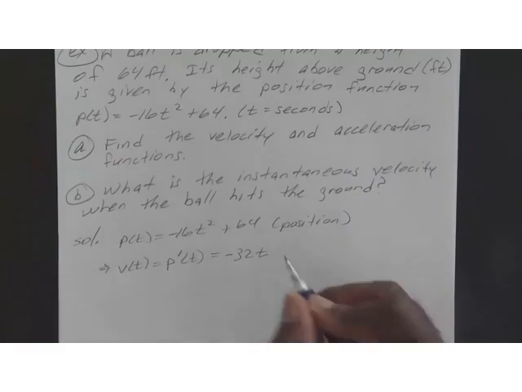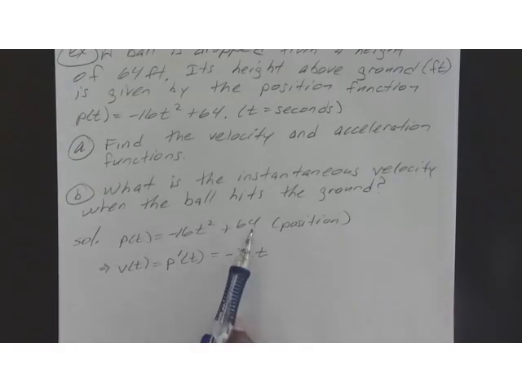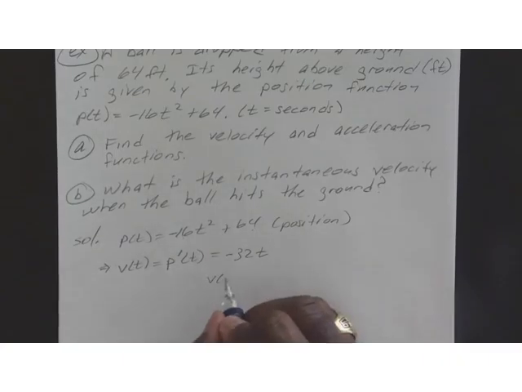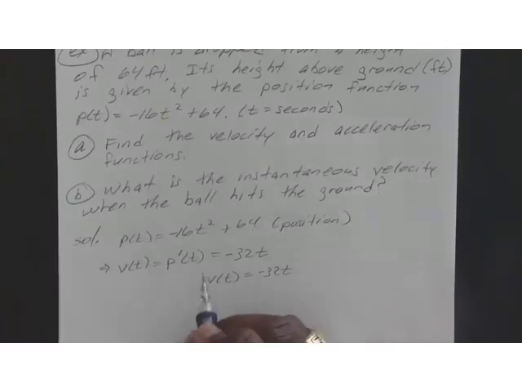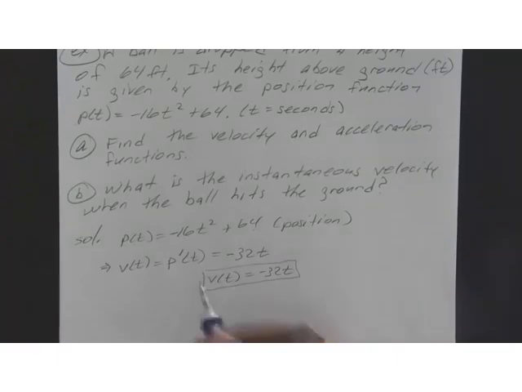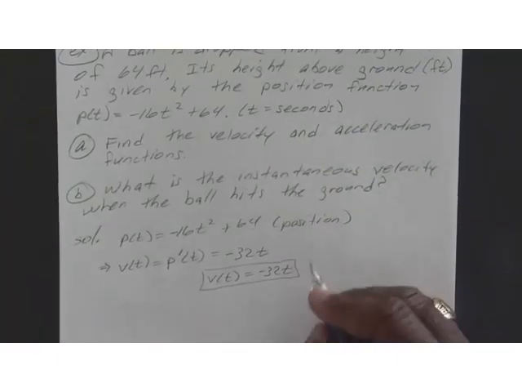So that's t to the first power, plus the derivative of 64 is 0, since the derivative of a constant is always 0. So we know that v of t is equal to negative 32t. And we know that's our velocity function.